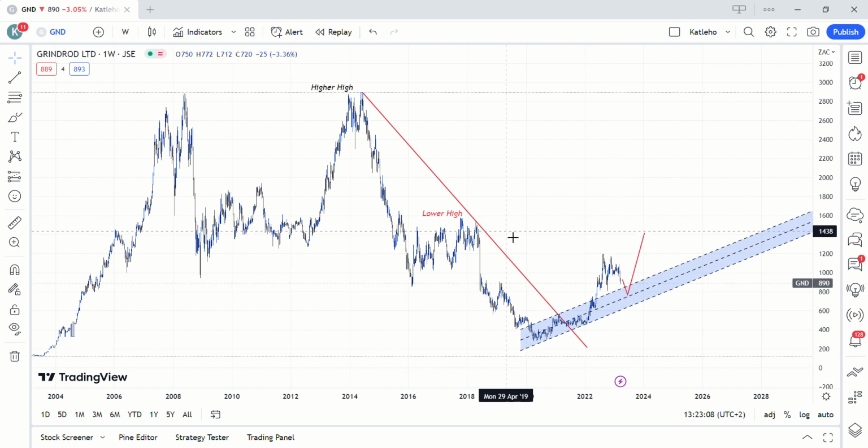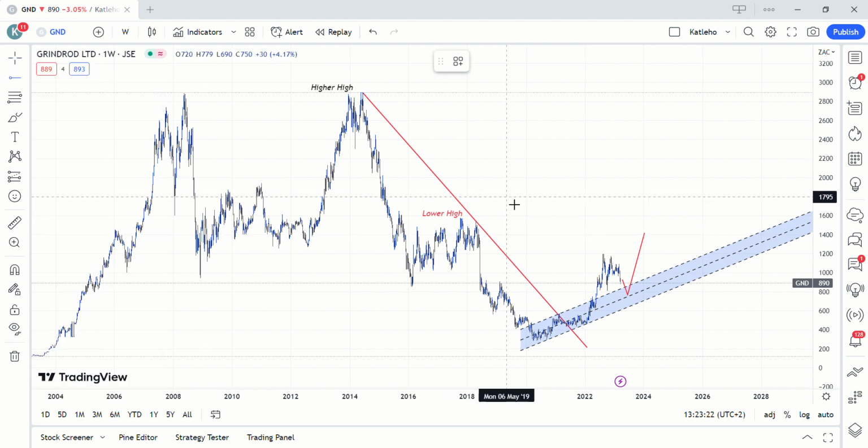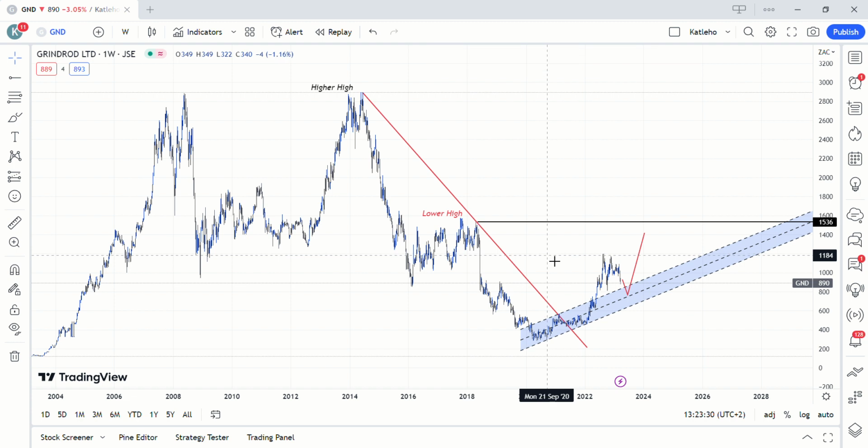From here, we have our next resistance area right here at 15 rand 30. So we'll just connect the horizontal line around 15 rand 30.